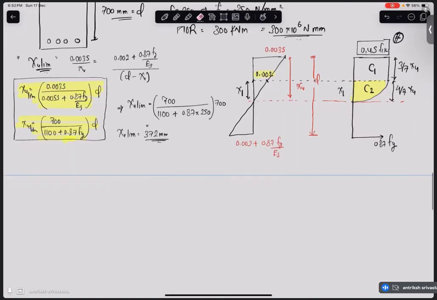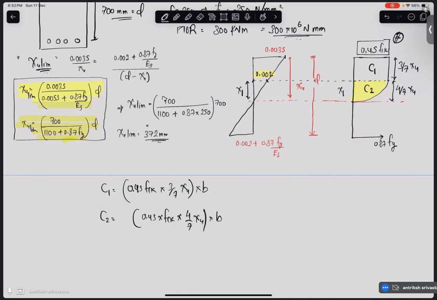Now let's calculate our C1, C2. C1 is nothing but 0.45 fck into 3 by 7 xu, which is the area of rectangle, into width. For C2, if we consider the rectangle circumscribing this parabola, we have 0.45 into fck into 4 by 7 xu, then into b.